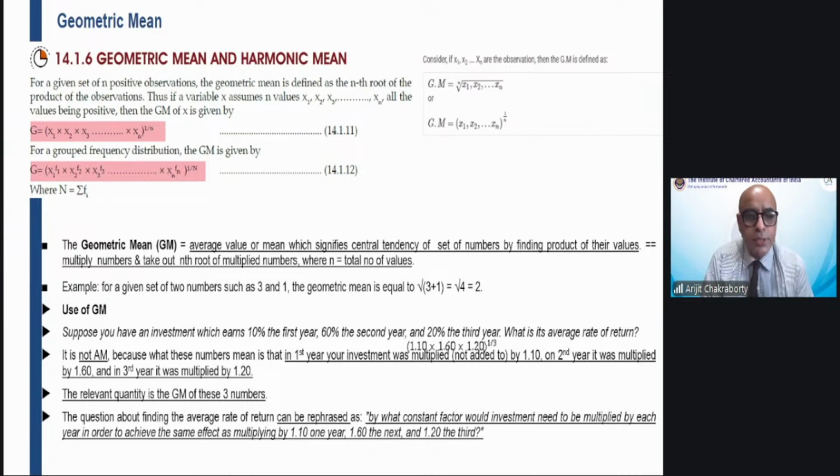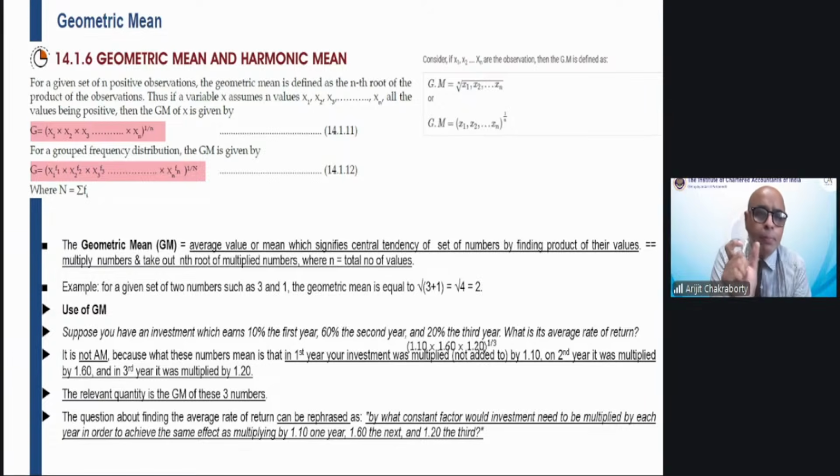So in this case, which deals with investment, the question is, what is the average rate of return? Therefore we can change the question a little by saying: by what constant factor would the investment need to be multiplied each year to achieve the same result? First year the investment gets multiplied by 1.10, second year by 1.60, and third year by 1.20.